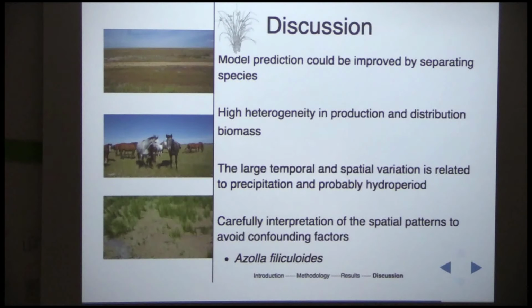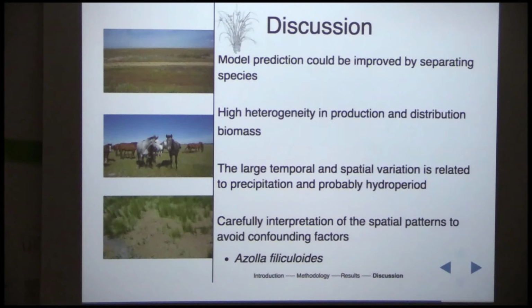We think, and as we read in different articles, that the mix of species composition makes our model not that good, and a lot of authors at that moment are trying to do monospecific models, but with the data set that we had, this was not possible.